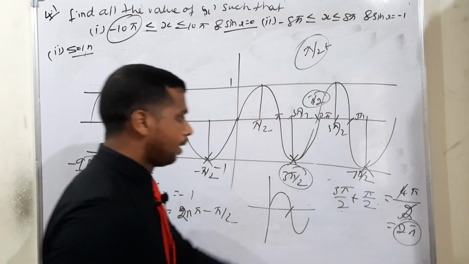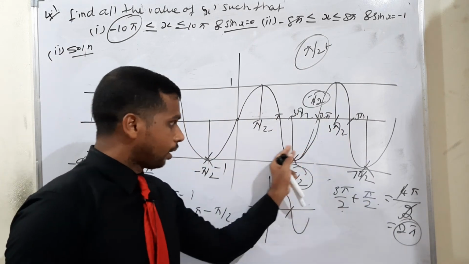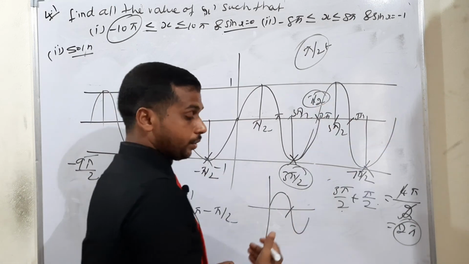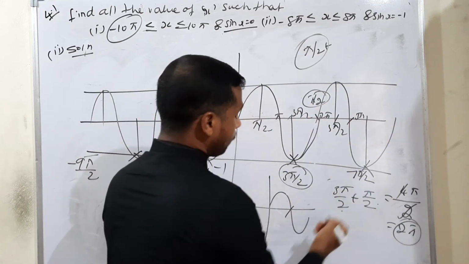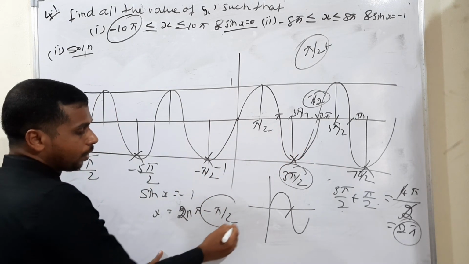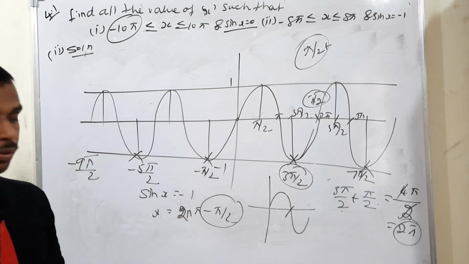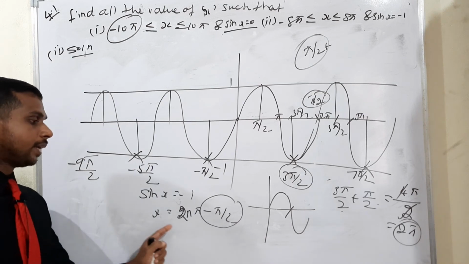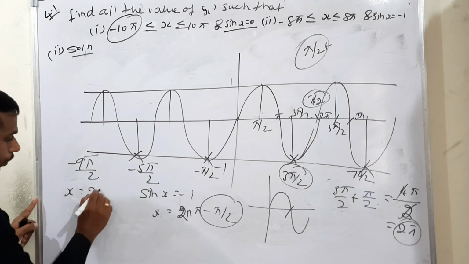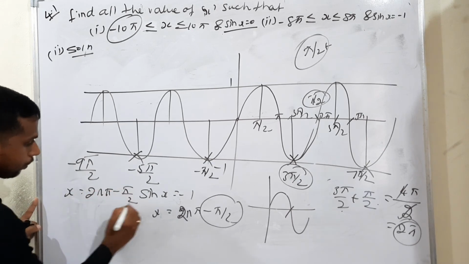That's why I am saying this is actually where we will be meeting. Preceding means forwarding of the point. Forward means only positive pi by 2, but we have sin x is equal to minus 1, so it's backward, and instead of plus we write minus pi by 2. Therefore the general term is x is equal to 2n pi minus pi by 2.